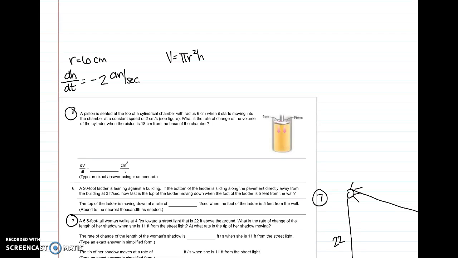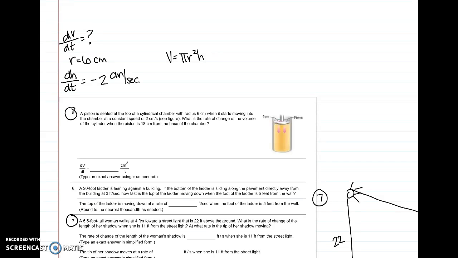And since height is decreasing because the piston's moving down, dH/dt is negative 2 centimeters per second. What is the rate of change of volume in the cylinder? So there's our question mark, right? dV/dt is our question mark. At the instant when the piston is 18 centimeters from the height of the chamber. So height is 18 centimeters.